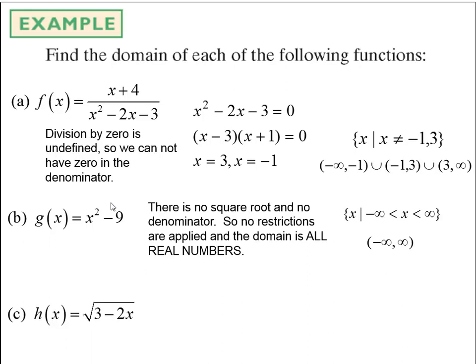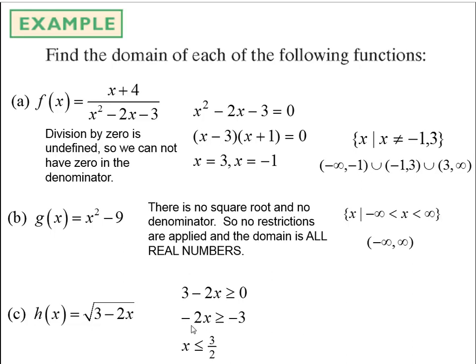All right, and then a third example, the square root of 3 minus 2x. This is just like that very first example we looked at on the prior slide. I can't have the square root of a negative number, so I'm going to take the thing under the radical, the 3 minus 2x, and set it greater than or equal to 0. I subtracted 3 from both sides, and that gave me negative 2x is greater than or equal to negative 3.